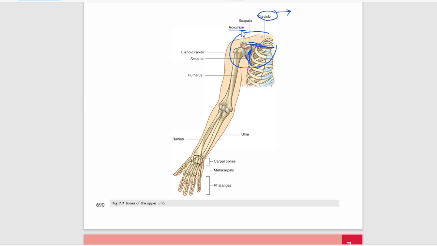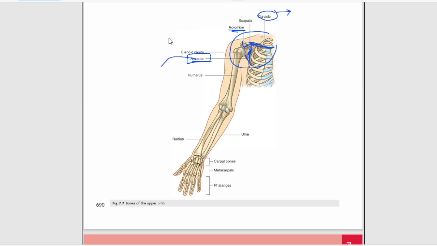This is the acromion, then the clavicle, and the scapula. I have shown you the scapula, and this small bone is called the clavicle. This is the glenoid cavity. This is the humerus, the ulna, the radius, carpal bones, metacarpals, phalanges, okay.